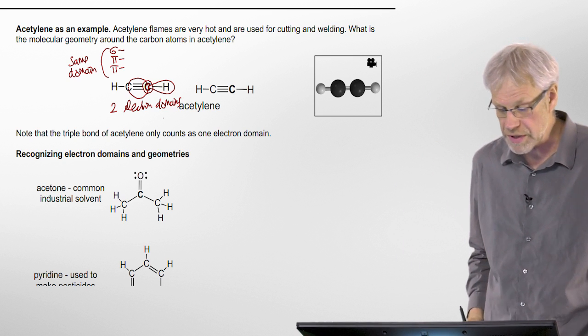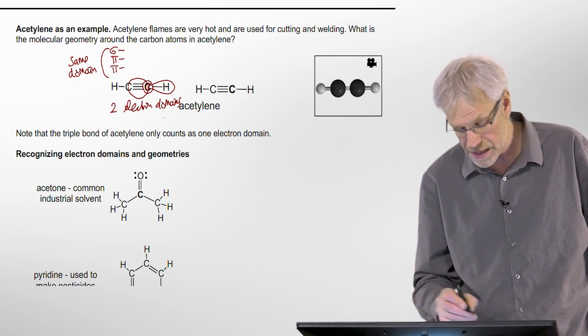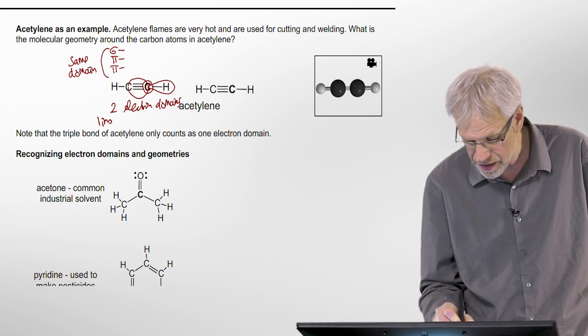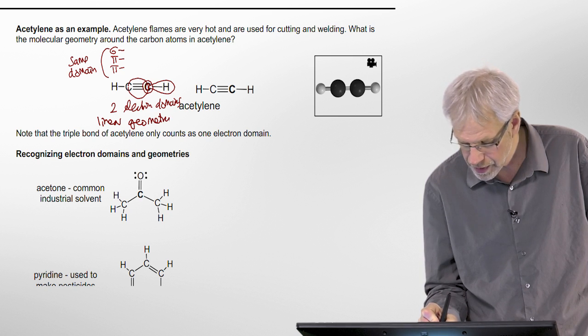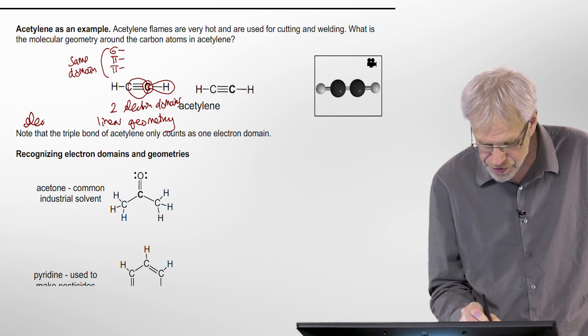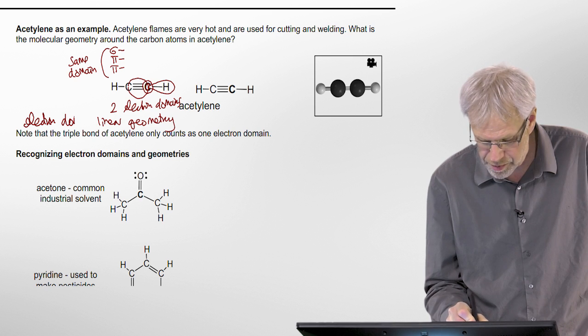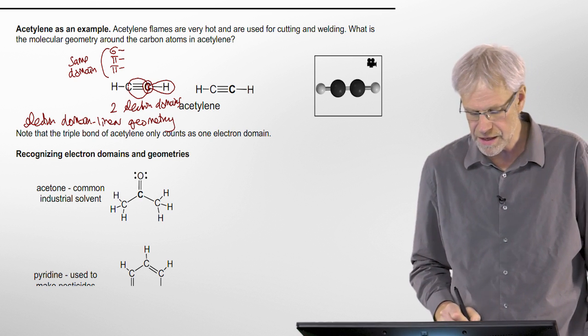And the best way to get those 2 electron domains as far apart from each other as they can possibly get is to have a linear geometry. So the electron domain geometry is linear.